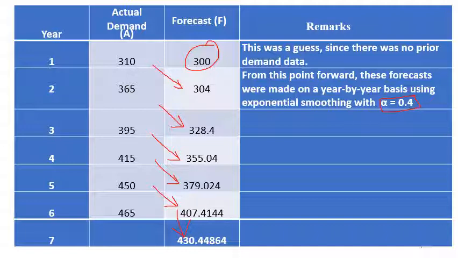Organizations sometimes might be continuing the same forecasting method for the last 10-15 years. Now, is there any measure by which you can find out whether the existing forecasting method is reliable?